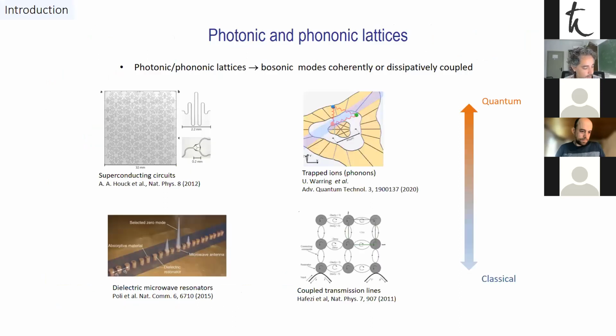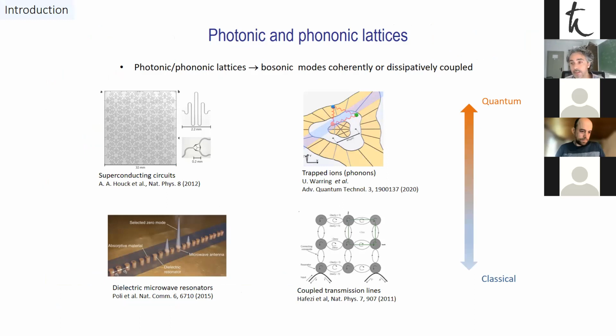And before I start my talk, obviously, I don't need to introduce the idea of photonic lattice here. I would just like to remind you that by photonic lattice, we can understand several systems. Some of them are more classical, others are more quantum.